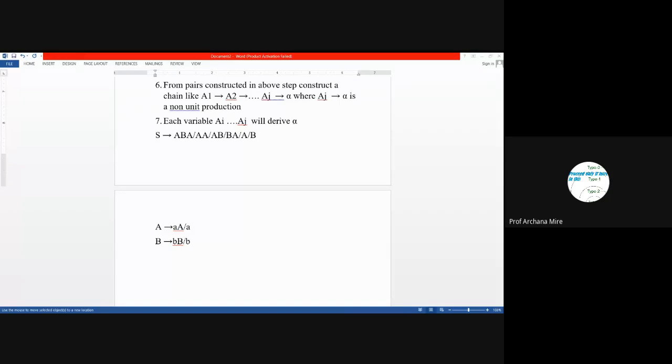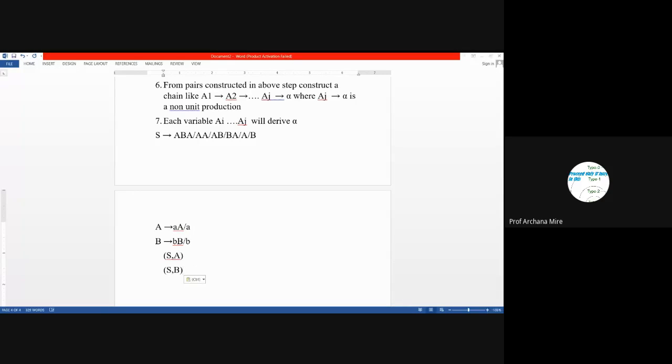So what we will do, we will identify pairs. Our first pair is S leading to A, that is our unit production. Our second pair is S leading to B, that is our second pair of unit production.